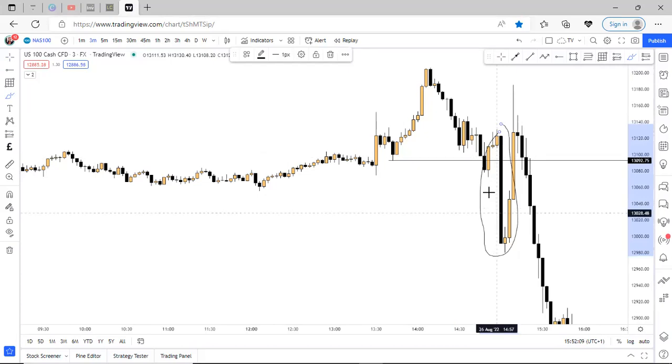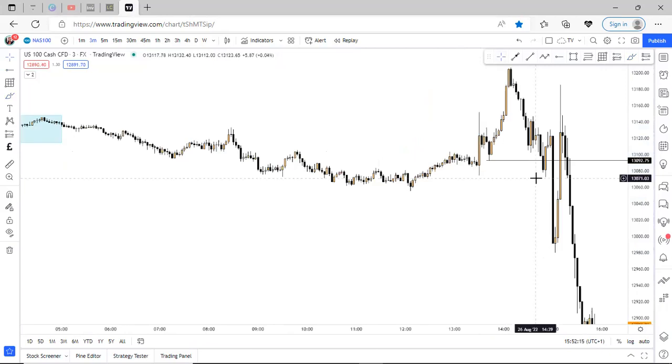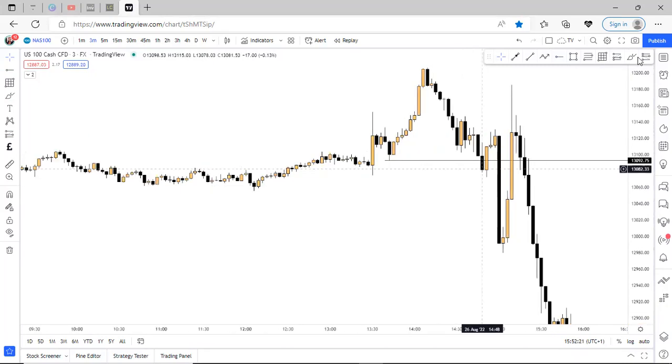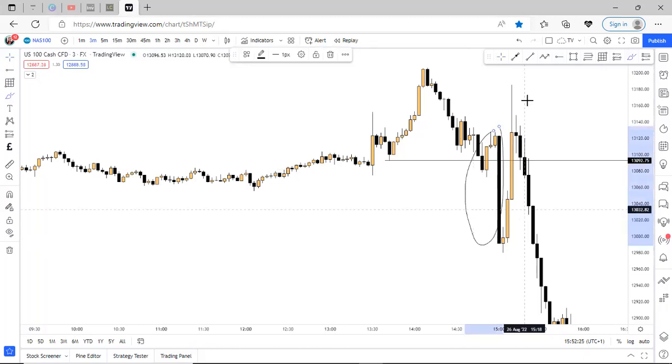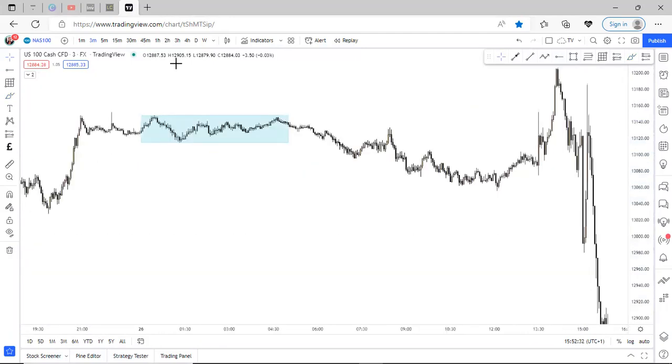It can blow your account if care is not taken. So always have your stop loss in place, because you can never tell when there will be spikes in the market. I think all of this was because of news: spike down, spike up, and eventually this all moved to the downside. So that was it on today's trade.